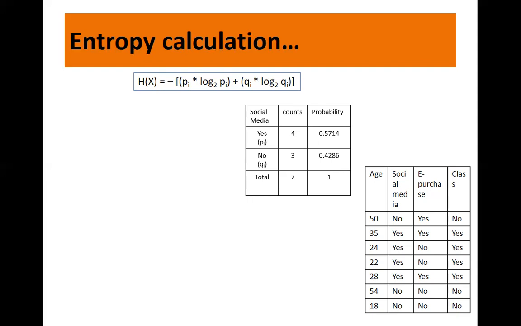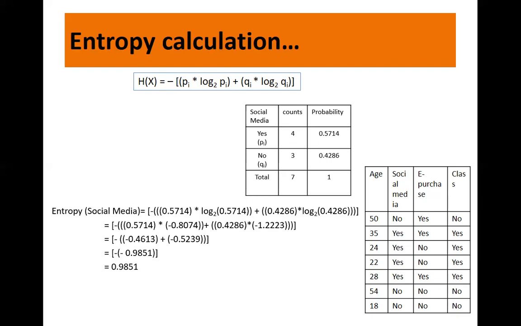Now let's substitute these values in the equation: Pi into log of Pi to the base 2, Qi into log of Qi to the base 2. I'm sure you all understood how we got Pi and Qi. It is nothing but 4 by 7 and 3 by 7.